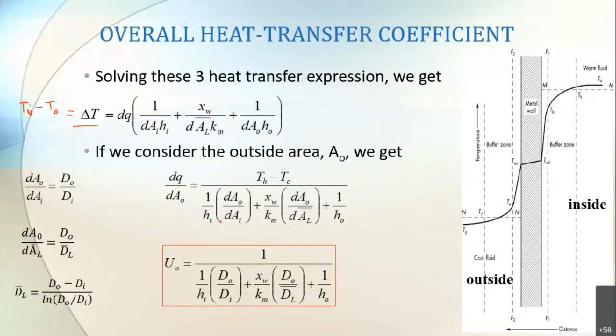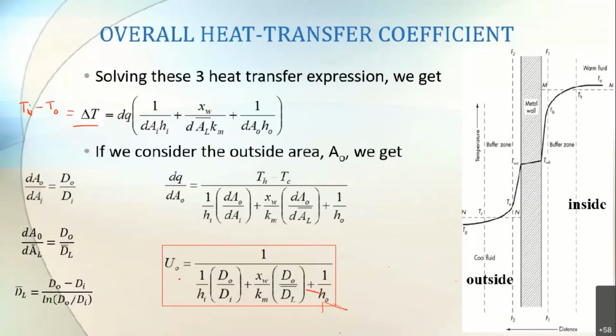You don't need to actually remember how to derive this equation, but we combine everything and then we do some unit rearrangement and integration and differentiation. So finally you'll get a value of UO.